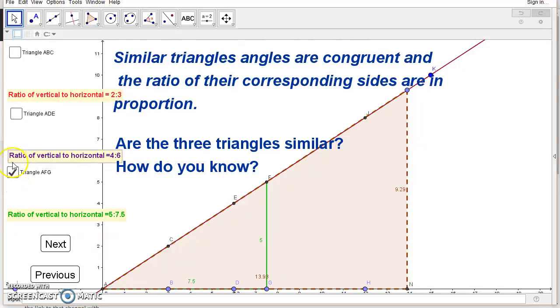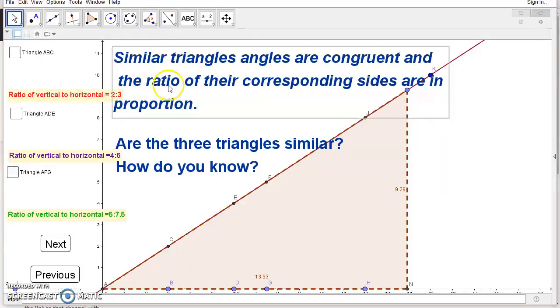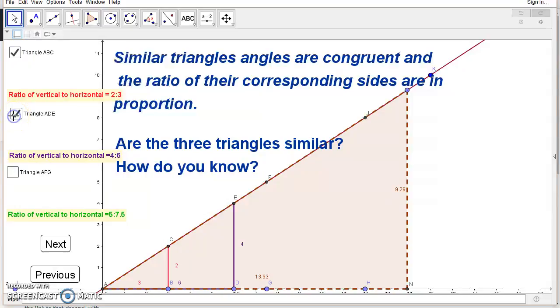All right, so with similar triangles, angles are congruent and the ratios of their corresponding sides are in proportion. They're proportional. So I have to look to see, are the triangles similar? How do we know? Looking at the three triangles we made, triangle ABC, triangle ADE, and triangle AFG.